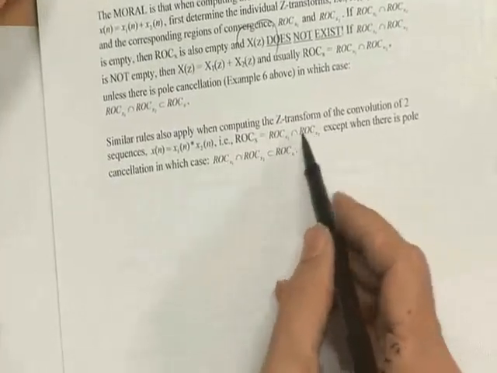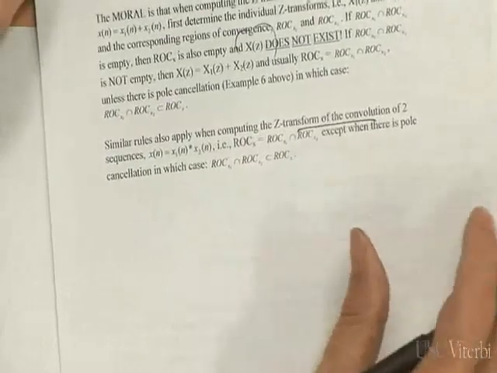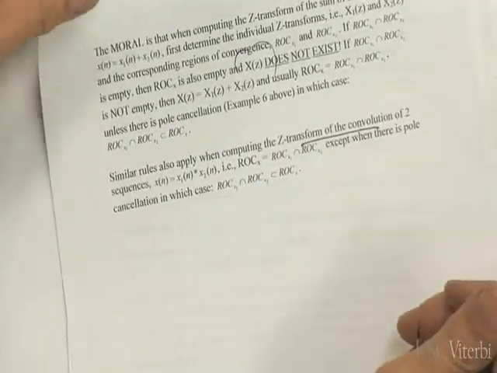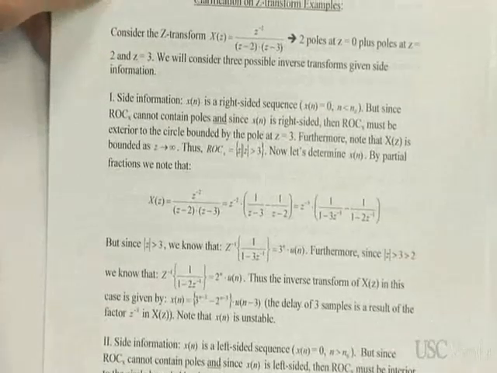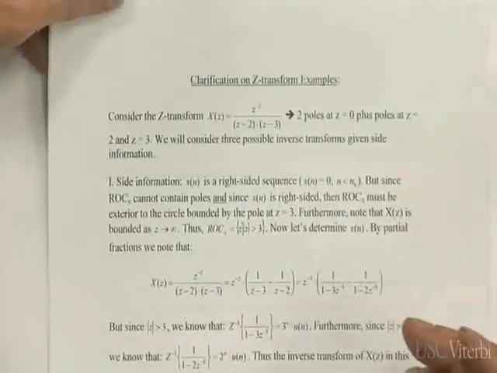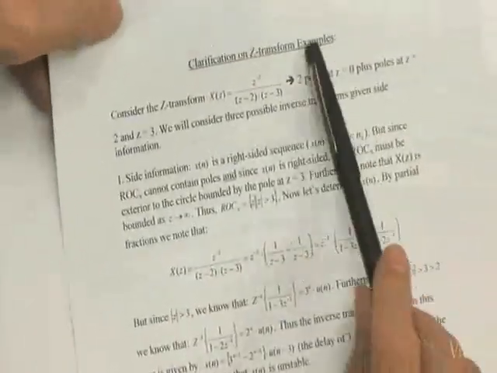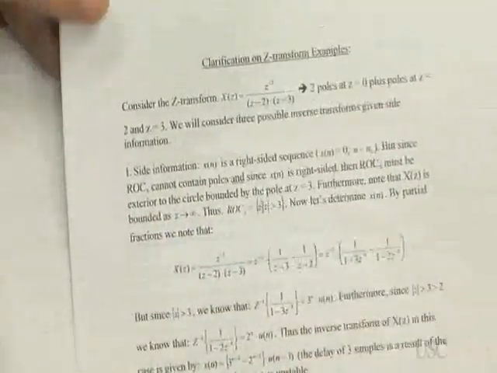Similar rules apply when computing the Z transform of the convolution. You get pole-zero cancellation there. So I leave that for you. I encourage you, it's only 3 or 4 pages long, to go through that. And in example 2 that I talked about, I considered the same Z transform, but I give you 3 different pieces of side information. I call this the clarification. All these notes are together.